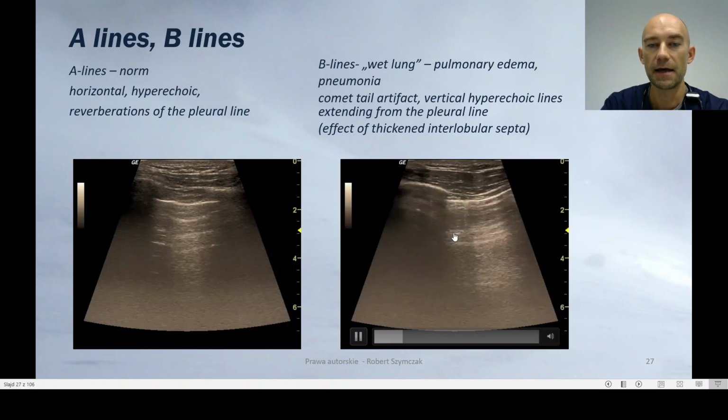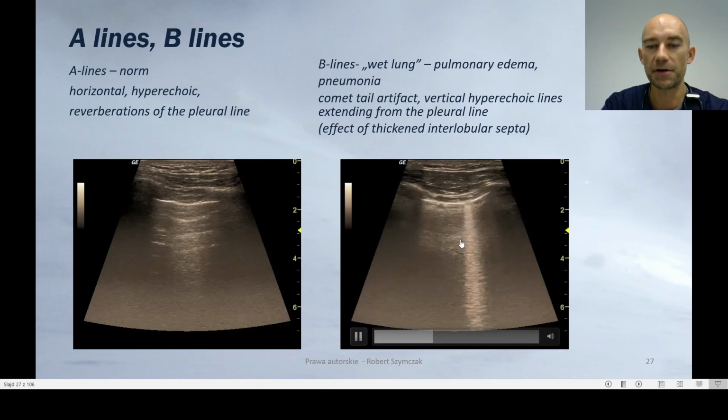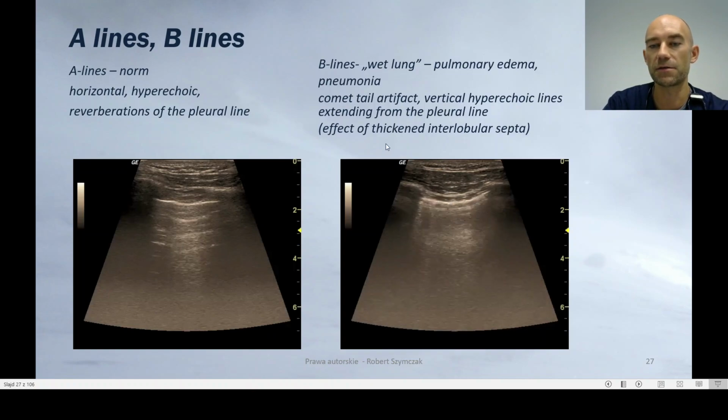So B lines are the comet tail vertical lines, and they are hyperechogenic, extended from the pleural line, and they are effects of thickened interlobular septa, which are thickening in pulmonary edema. They are also thickening in pneumonia, but then you would have B lines on one side of the chest in, let's say, one lobe.